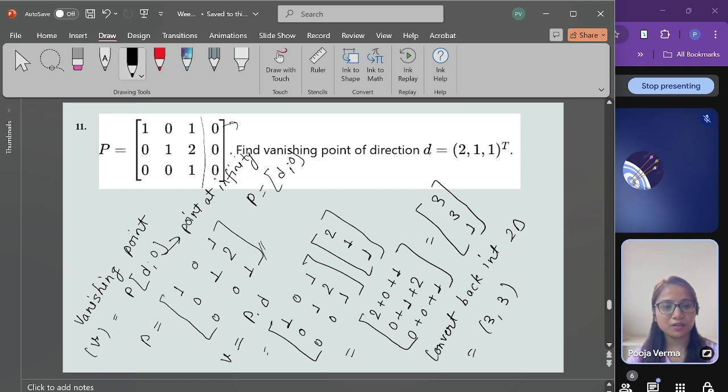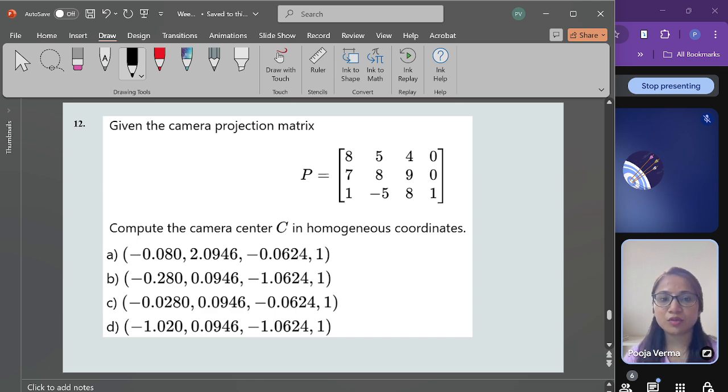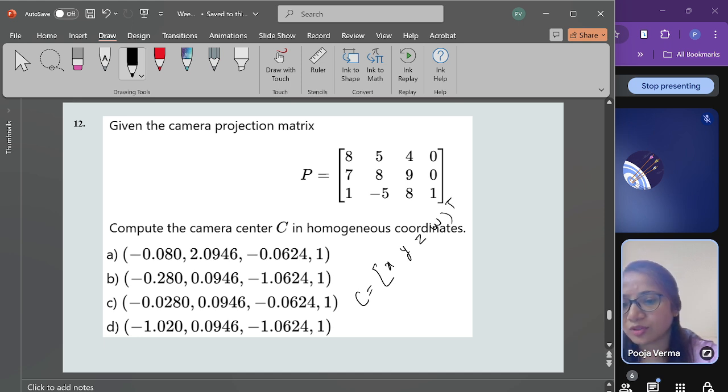So moving to the next question, because we are running short of time. The next question is also very lengthy. The next question is given the camera projection matrix P, and now we have to compute the camera center C in homogeneous coordinates. So how can we calculate it? Already we have seen that if projection matrix P is given and the camera center C is represented in this form X, Y, Z, W transpose, then P into C is equal to 0.